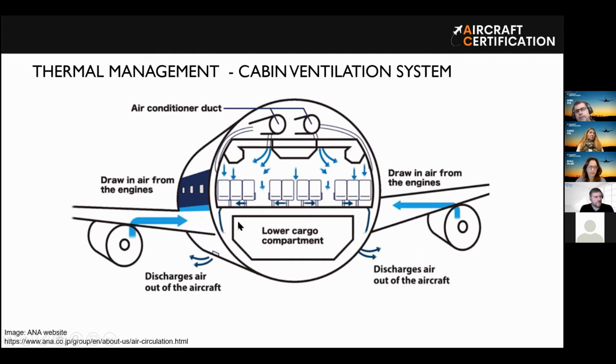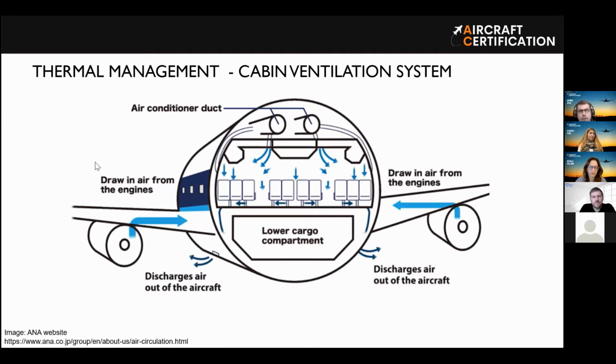It will circulate through the electronic equipment and also through the cargo compartment, and finally, it will be discharged to the outside of the aircraft. So this is a very important system for the thermodynamics team, because we have to guarantee that the airflow, the air pressure and the temperatures are at adequate levels in all operating conditions.